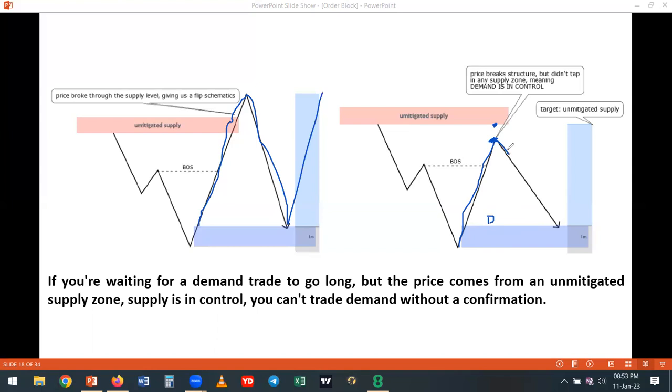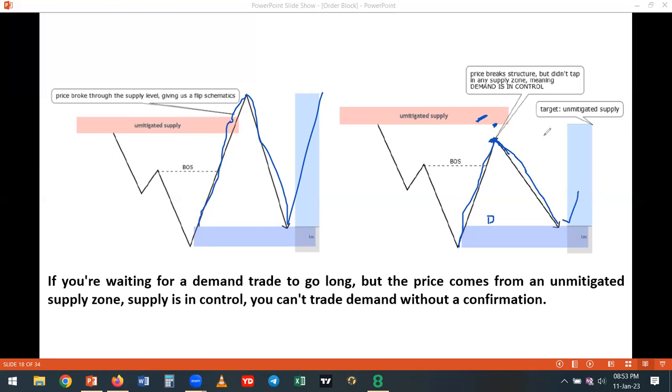So the moment price did not touch that other block, it stopped halfway, then came back down here, you can buy because demand is still in control.